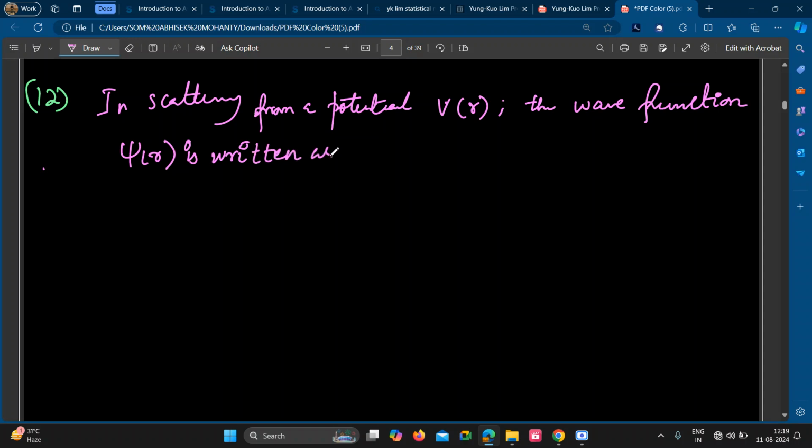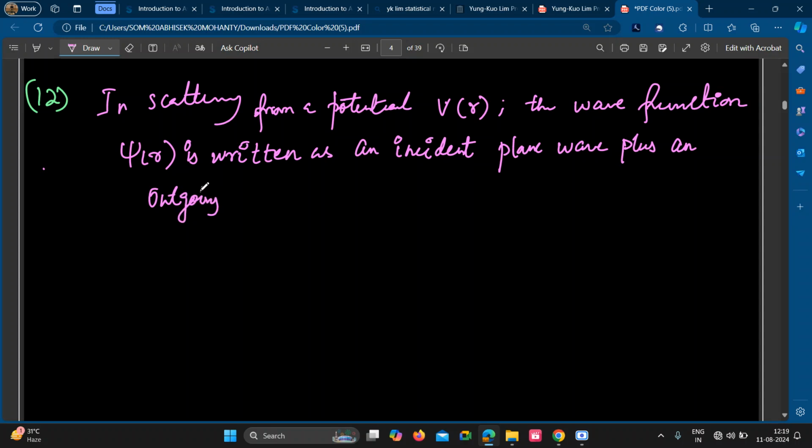an incident plane wave plus an outgoing scattered wave, psi is equal to e to the power ikz plus f of r.